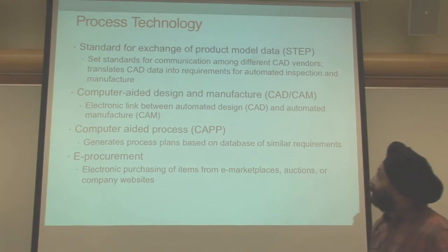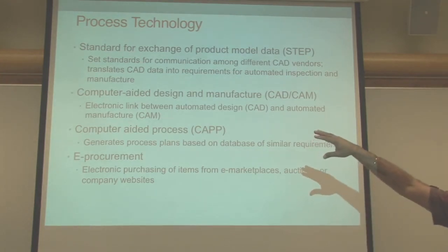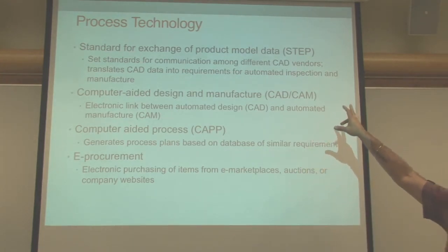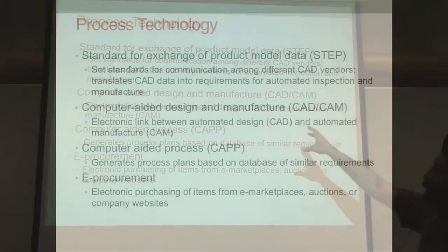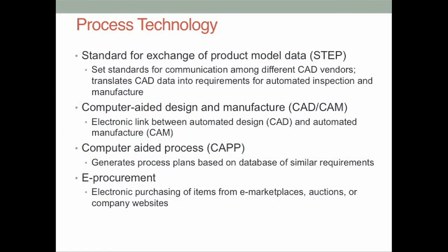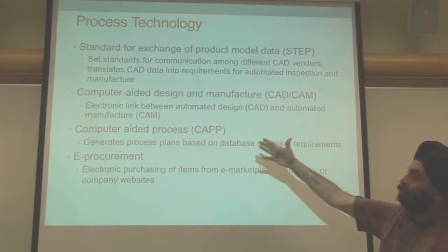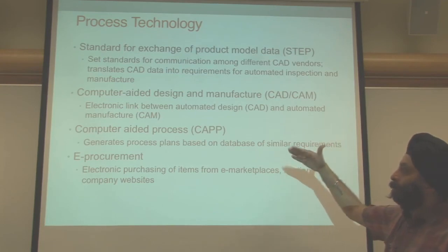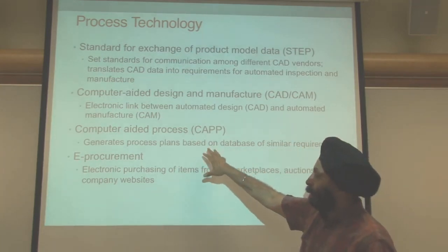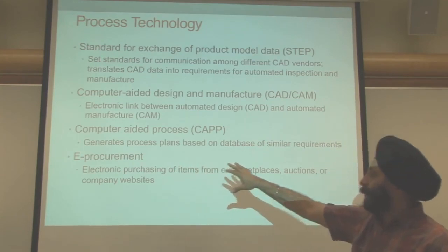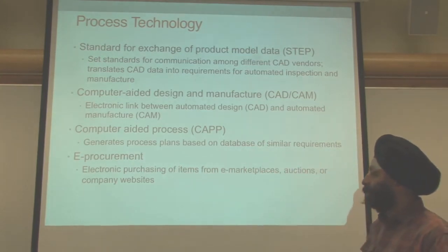Process technologies in this case: you have the standard for the exchange of product model data, which is STEP. It sets standards for communication among various CAD vendors and translates CAD data into requirements. Then you have computer-aided design and manufacture, CAD-CAM, an electronic link between automated design and automated manufacture. Computer-aided process planning creates process plans based on a database of similar requirements.